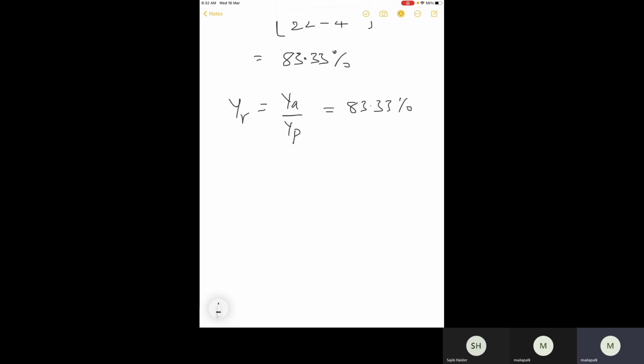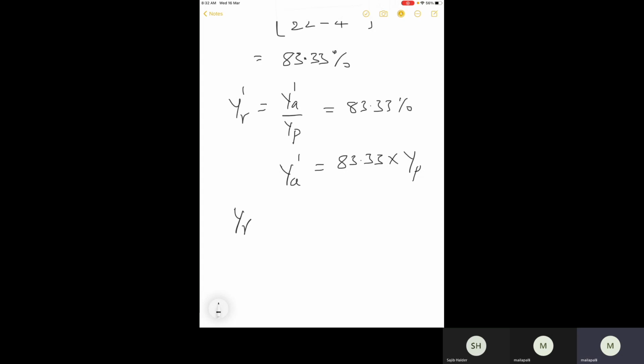Okay, and then you get the actual yield. Let's say this is YR dash, so Y actual dash will be 83.33 multiplied by YP.